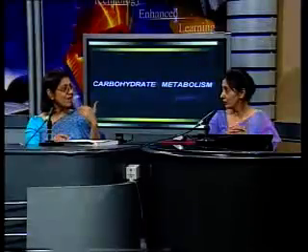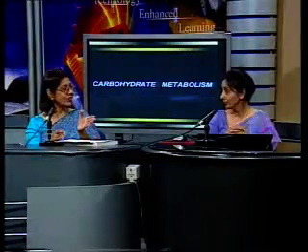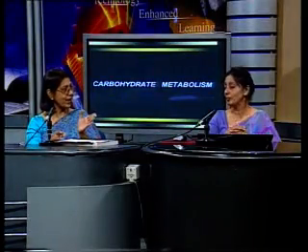This is only a partial release of energy, and further reactions are involved in which a substantial amount of energy is released, so to say, in a layman's way. So if we could move on to these reactions, which form a very important part of carbohydrate metabolism, it is called the citric acid cycle.